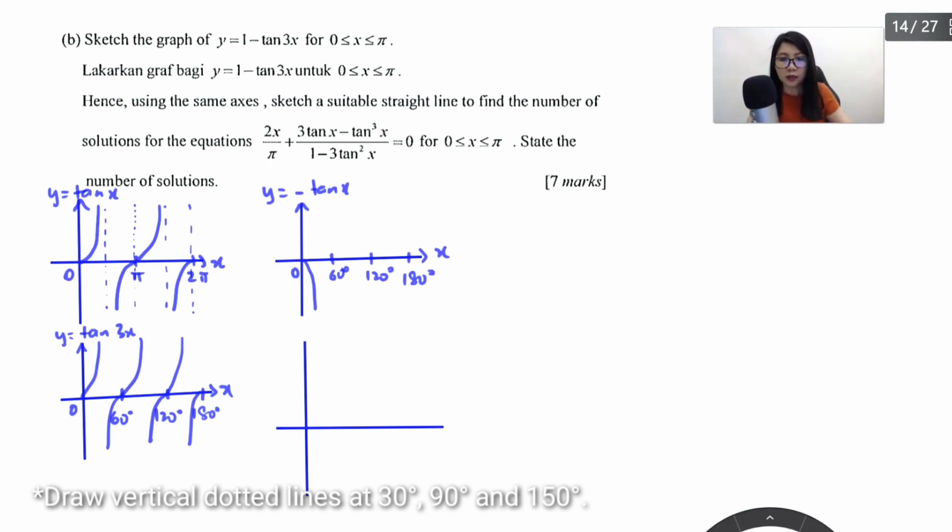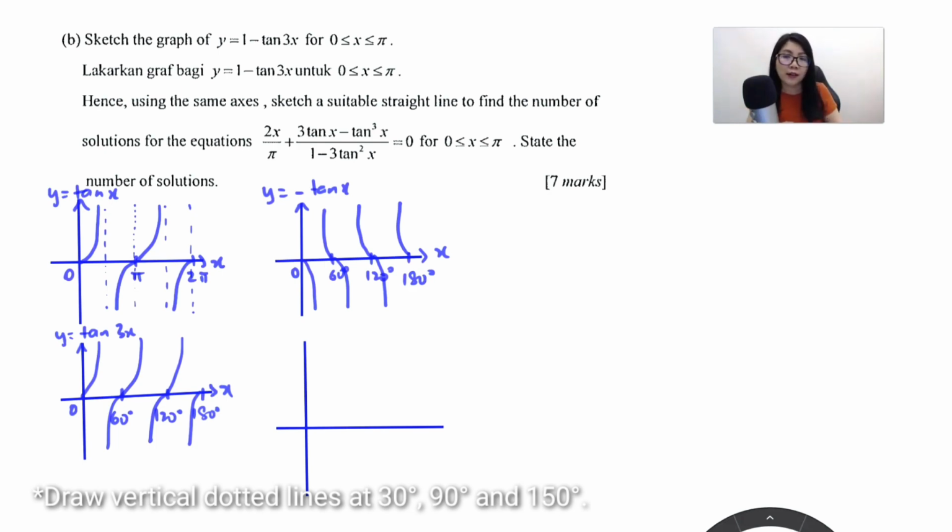Okay, and this will be going up. Okay, then it's going down, and then here will be going up. Okay, and then here will be going down, and then here will be going up. Okay, so that will be the graph of y equals negative tangent x.